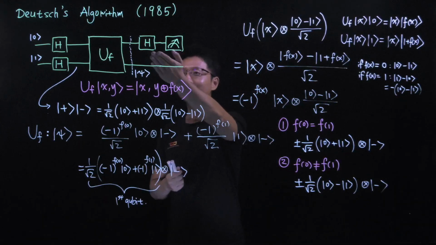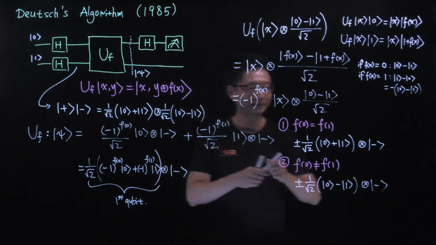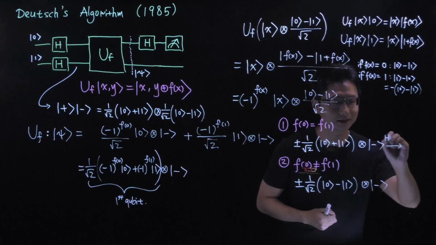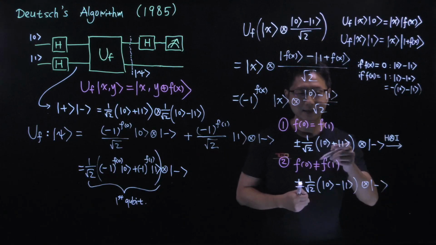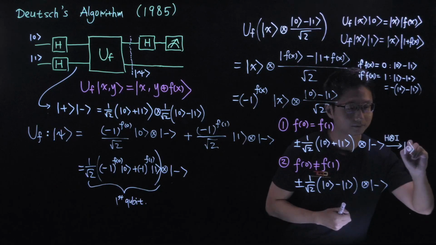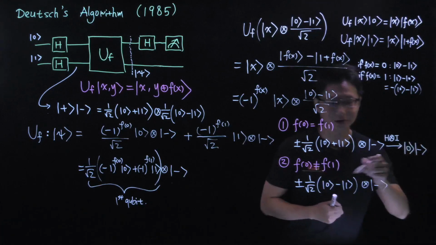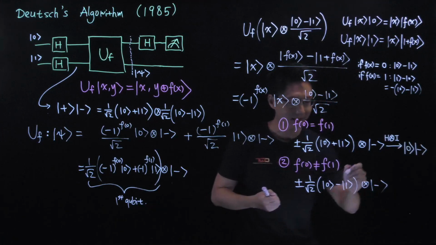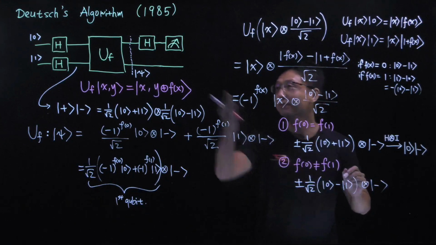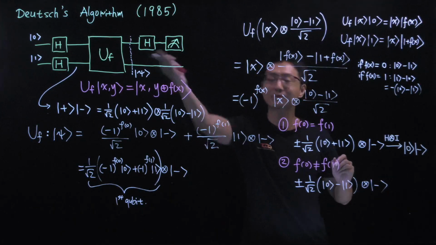Hence, with the action of this Hadamard over here, acting on the first qubit, this state is turned into the 0. I have ignored this global phase of plus minus 1 in front. And the minus will be turned into the 1 state with the Hadamard.